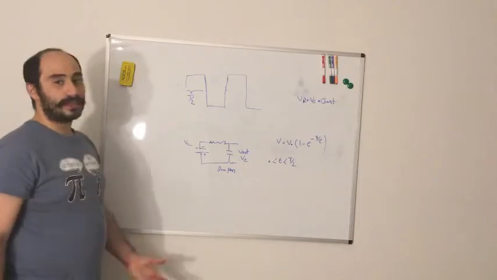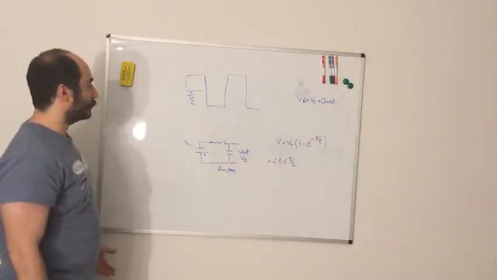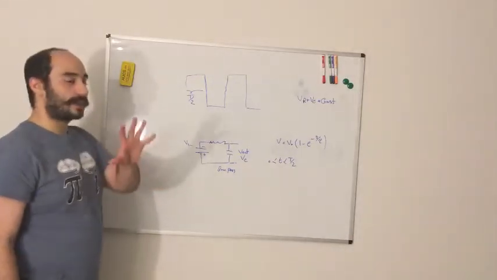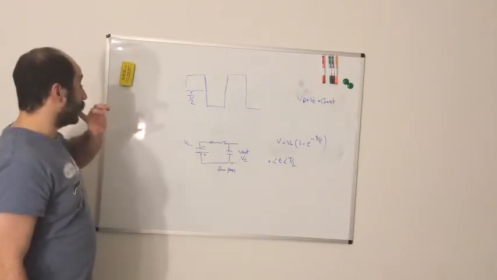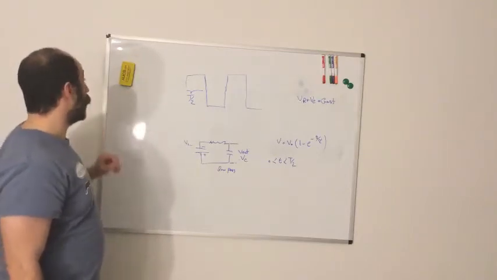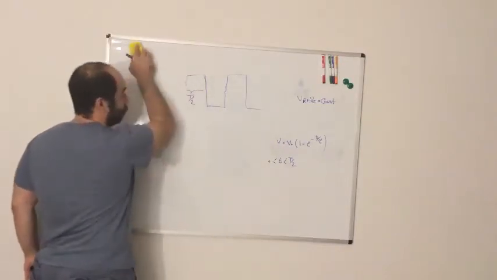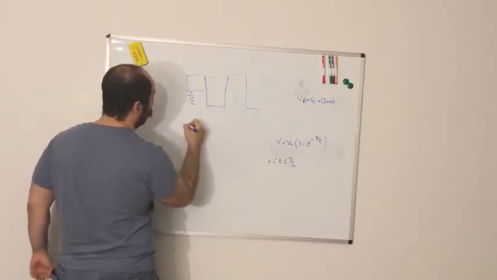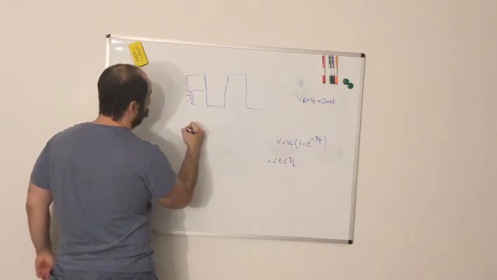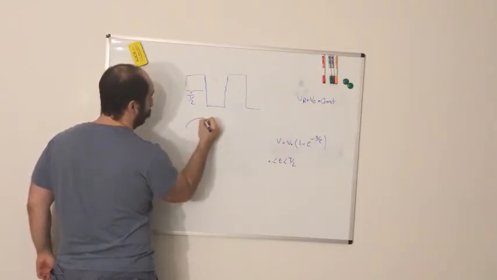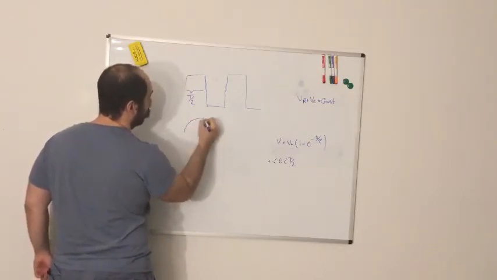And usually when you do the measurement, okay, I'm going to talk about that later. Now imagine that this is your input signal. You got the output signal like this. You got to the plateau.